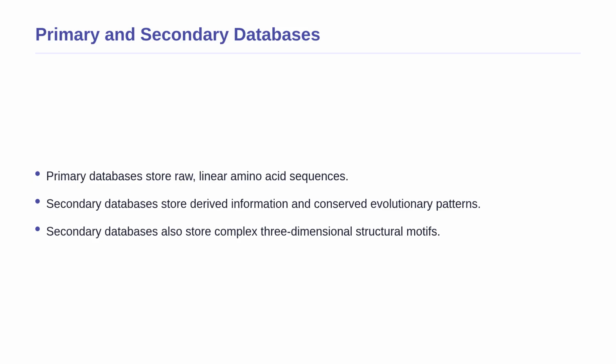These do not just store raw data, they store derived information. This includes conserved evolutionary patterns, structural motifs, or three-dimensional structures built from the primary sequences. Understanding this distinction is crucial because a biologist will choose a different database depending on whether they are looking for a simple sequence match or a complex structural similarity.